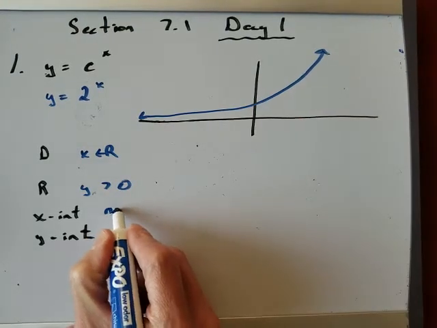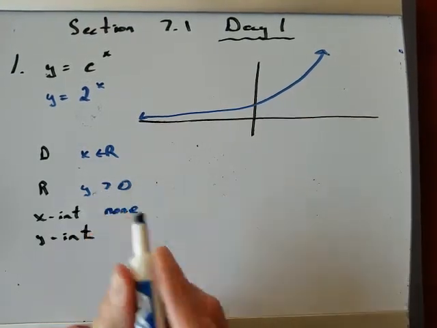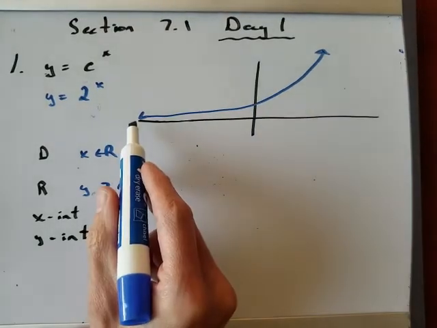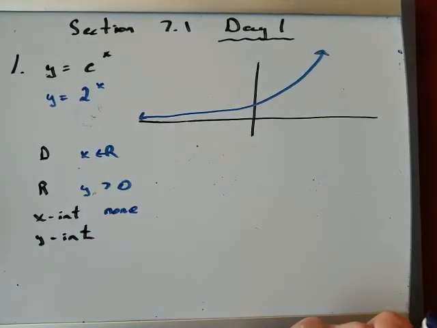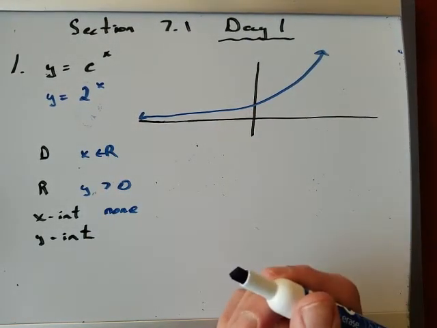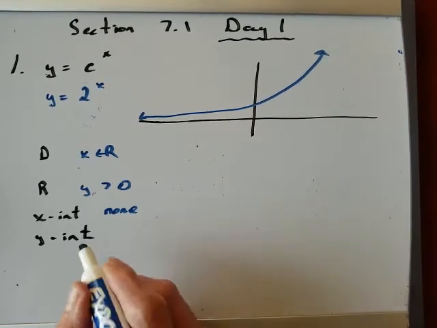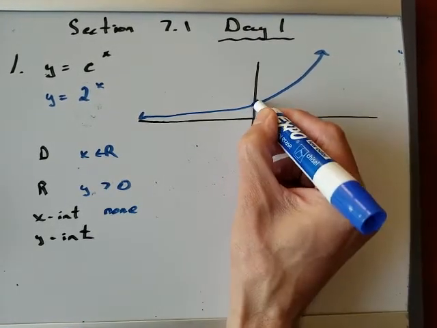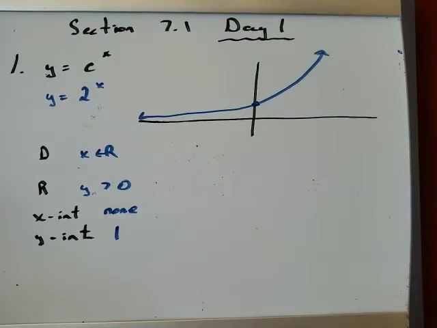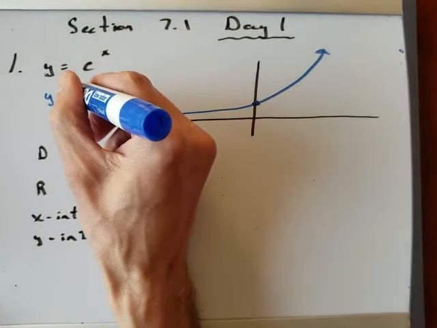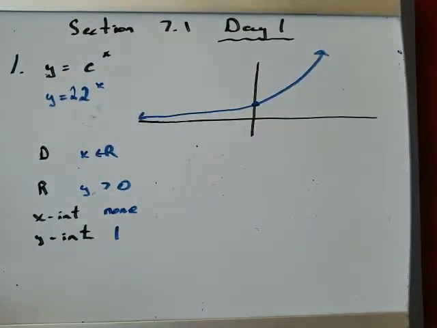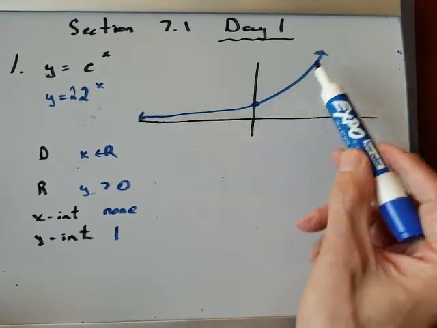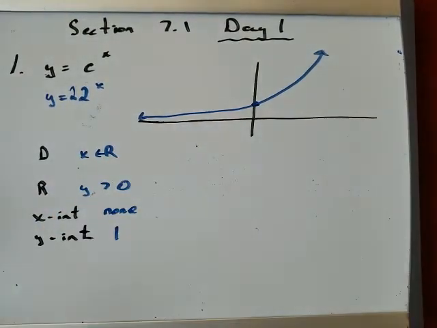The x-intercept, there isn't one. And when we move into doing the shifts of the graphs, then we can play around with the x-intercept. What would be the y-intercept? Right now, that is just a height of 1. And this is the basic graph. Even if I said this is 2 to the power x, even though there are a few subtle differences, the overall picture is basically there.